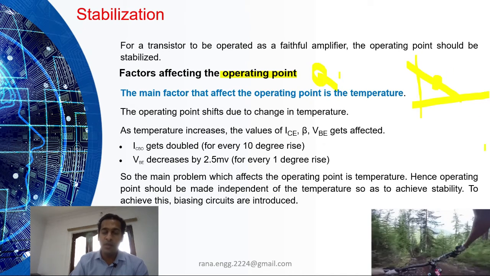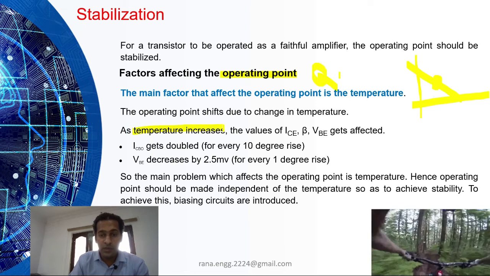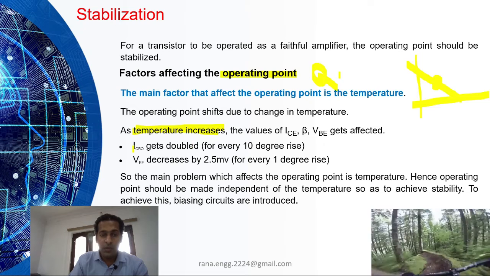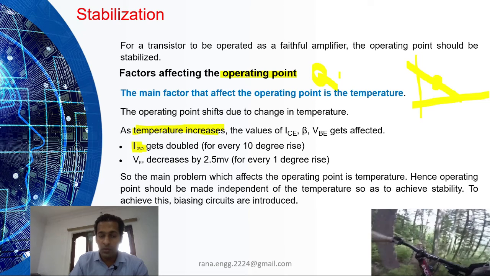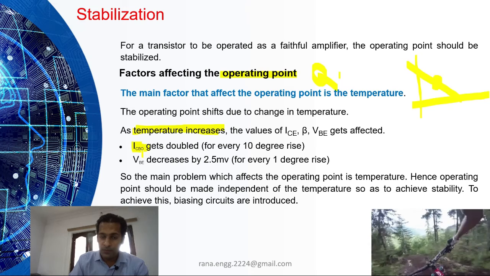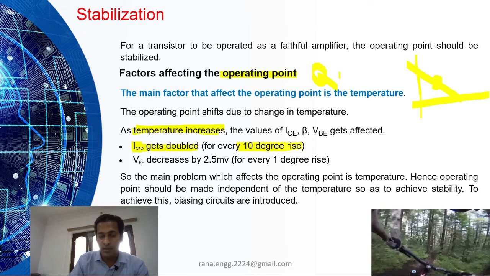If we increase the temperature by some means, what will happen? The values will get affected because ICBO, the leakage current, the collector current when base is open, gets doubled for every 10 degrees rise.